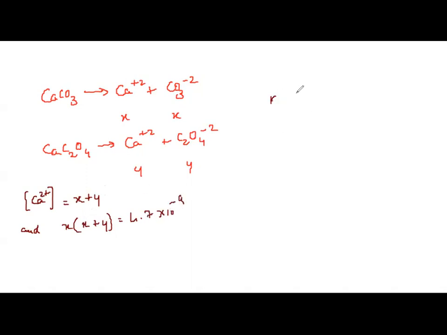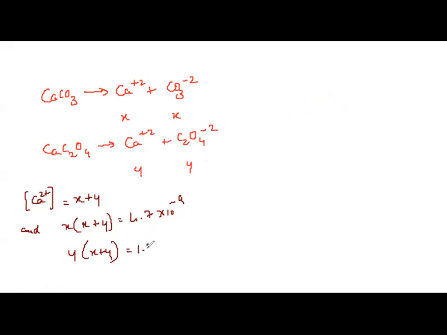So KSP is Ca plus 2 into CO3 minus 2. And Ca plus 2 total is X plus Y, into X. Therefore, X of X plus Y, and its value is given as 4.7 into 10 raised to minus 9. Then second, Y of X plus Y. This is KSP of calcium carbonate, and the second one I am writing is KSP of calcium oxalate.